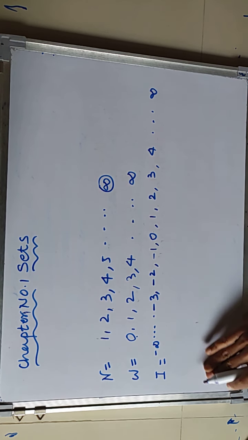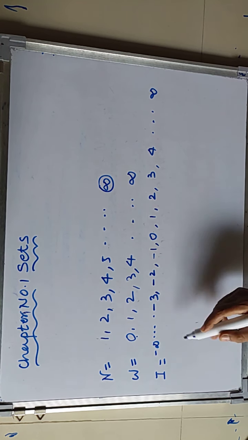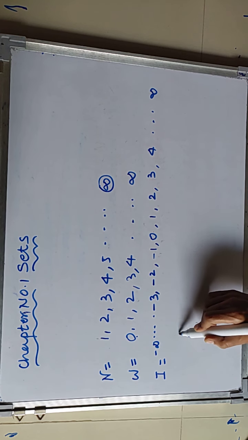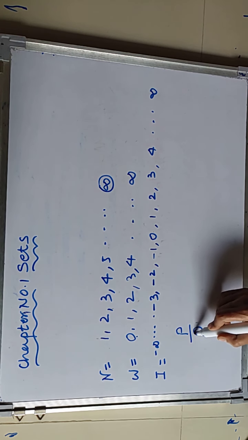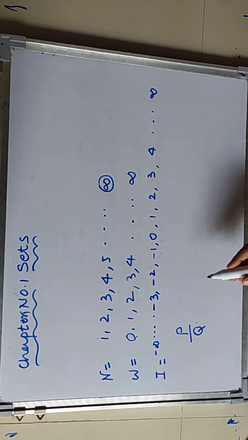Now, do you know the rational numbers? What are the rational numbers? Yes or no? I think that you know them. In 8th standard you studied them. The numbers which are written in the form of p upon q are said to be rational numbers.